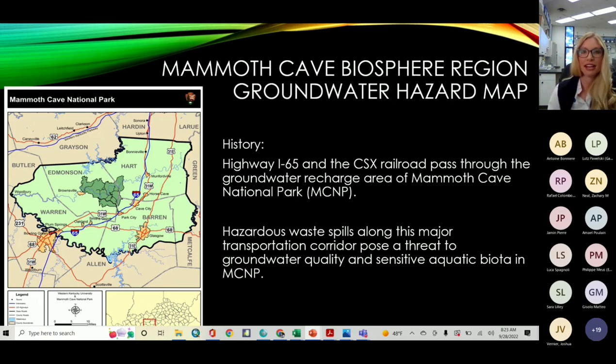And so in response to that, the Mammoth Cave biosphere region got together with CHL, State of Kentucky, and the Department of Transportation to help create a groundwater hazard map that would then inform future spills on how those can best be handled and hopefully mitigate the effects of future releases on water quality to the subsurface.